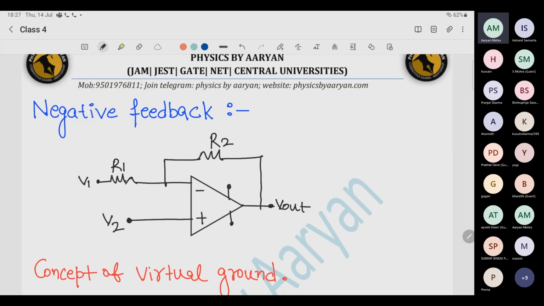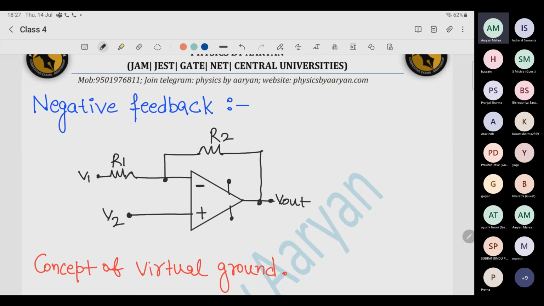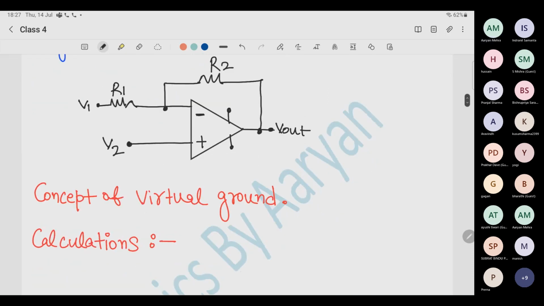So how do we give the negative feedback? Just attach your V output to the inverting terminal via some resistance, which is R2. If you do this, your op-amp is said to be in negative feedback.